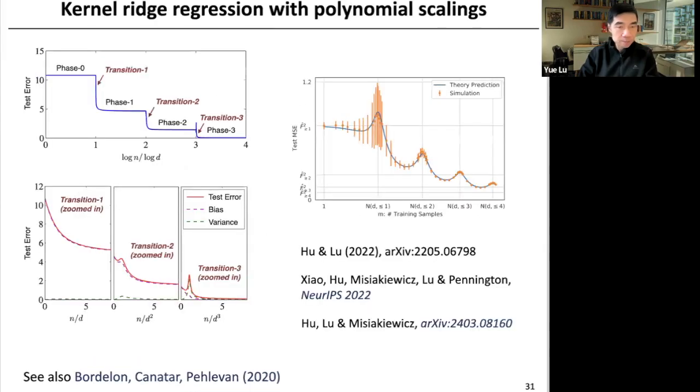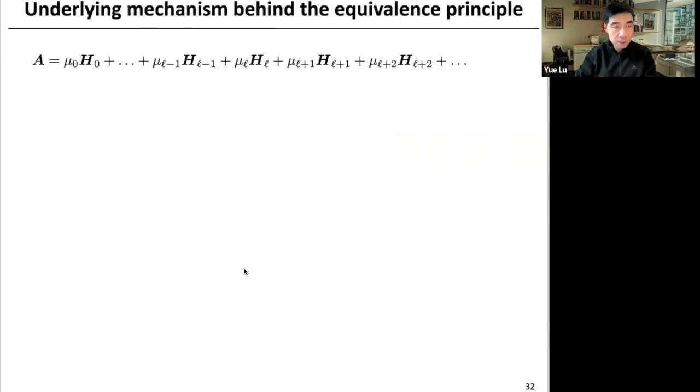This viewpoint has been applied in our work on understanding kernel ridge regression with polynomial scaling. You can also explain the staircase phenomena and multiple descent phenomena depending on the sample complexity. The number of data can scale with dimension D, or quadratically with D, or cubically with D. Then you have different scaling regimes.